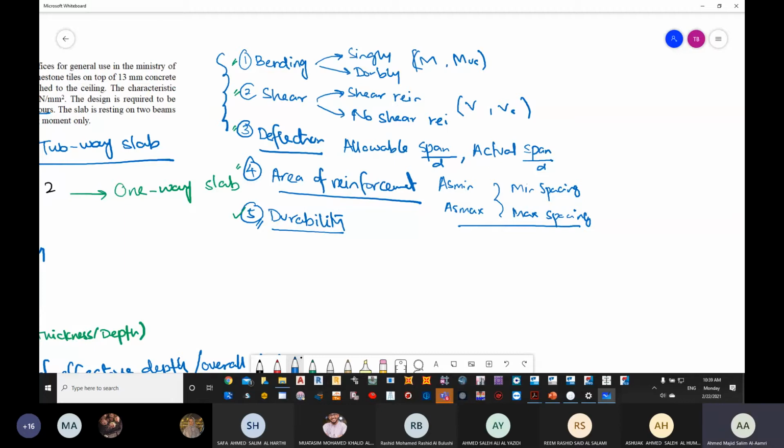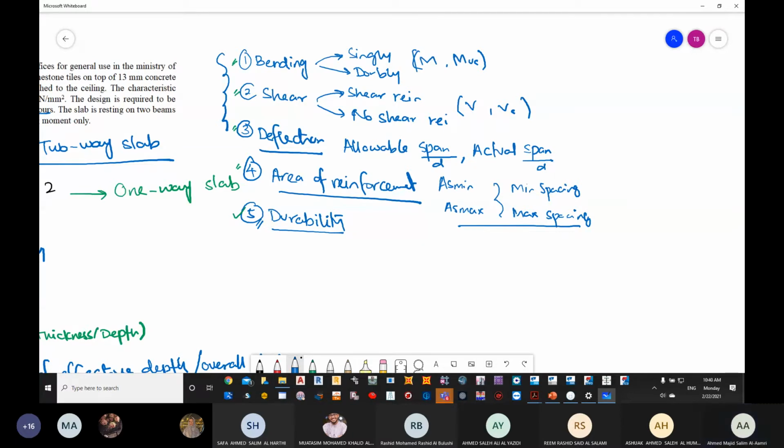Okay. Now, when you have solved in design of structures one, have you seen any slab which is two-way? I mean, which is doubly reinforced? Okay, you don't remember.